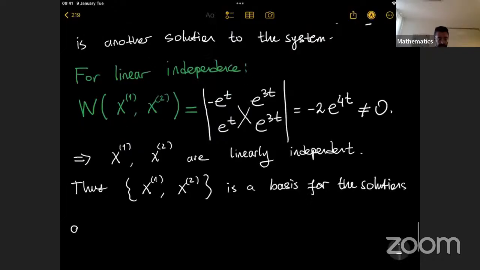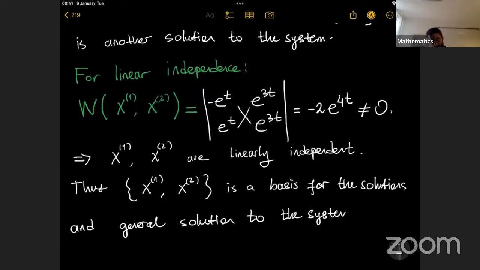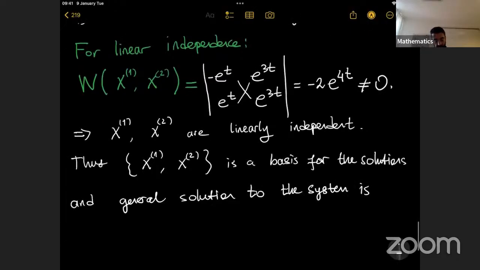And the general solution to the system is x(t) is equal to c1 times x1 plus c2 times x2.